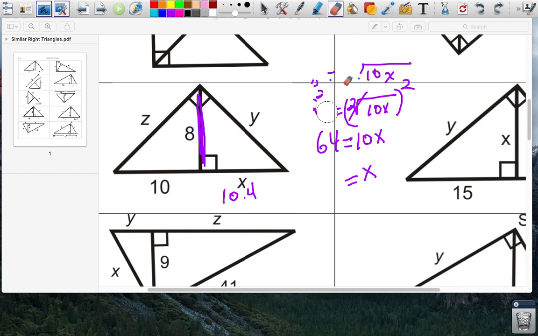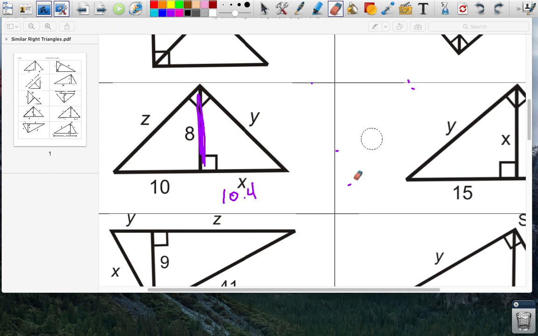So now we can use the similar triangles, and I would love for you to use them, or you can also practice the Pythagorean theorem. So let's work on this triangle right here. c squared equals a squared plus b squared. We know that 10 is a, the other leg is b, and z, our hypotenuse, the side that's opposite the 90 degrees, the longest side, is c.